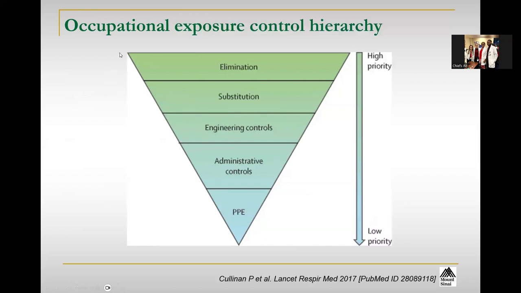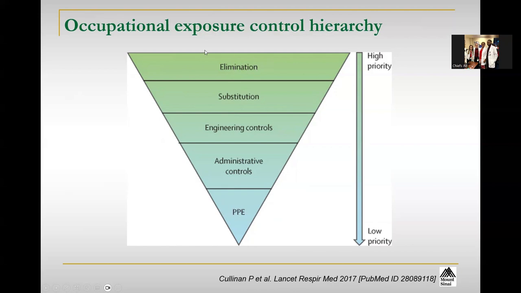One important consideration that I wanted to get across, if I don't say anything else through this talk, is the importance of keeping this scheme of a hierarchy of occupational exposure control measures. Just to underscore the fact that, unlike what most people think, personal protective equipment is the lowest priority and the least effective method to control exposures.